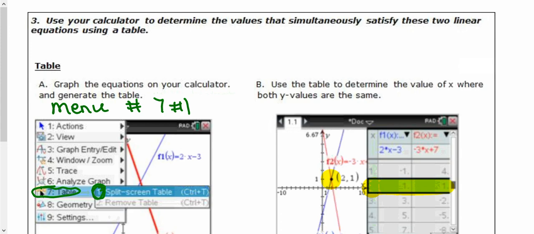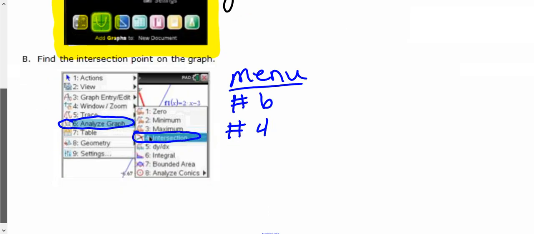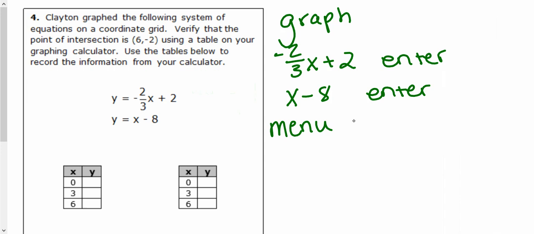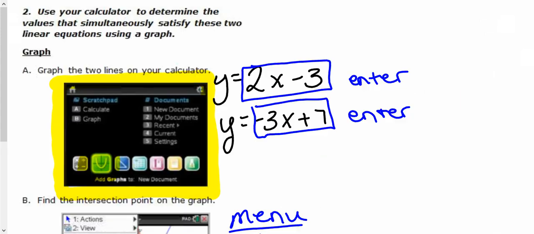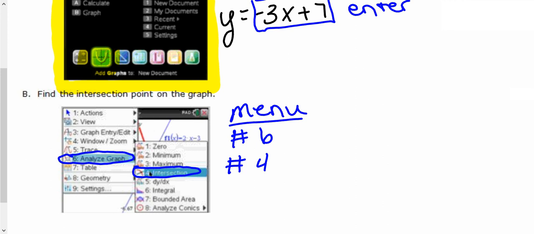Okay, and I need to go back and check what my next step was. After we hit menu, going back to here, we need to hit the number 6, or analyze our graph. And then we need to find our point of intersection. I believe that was number 4.